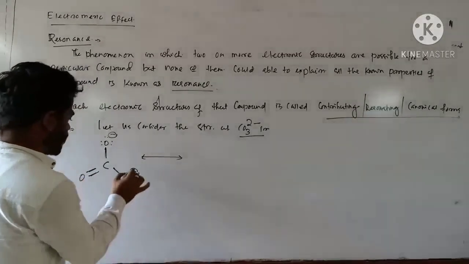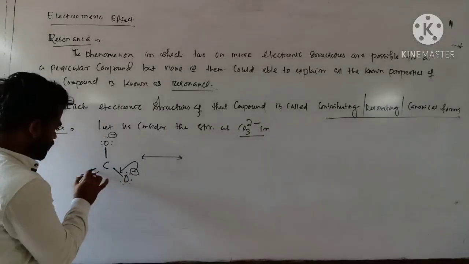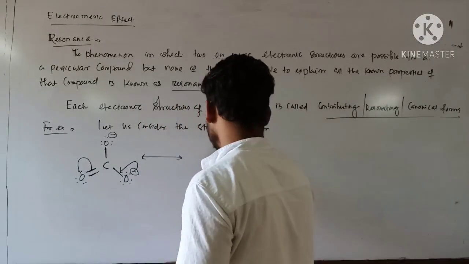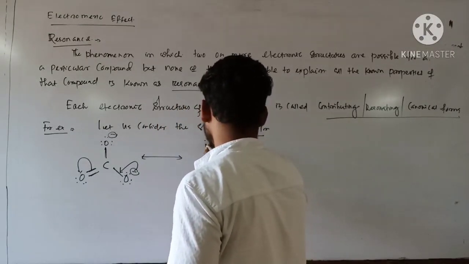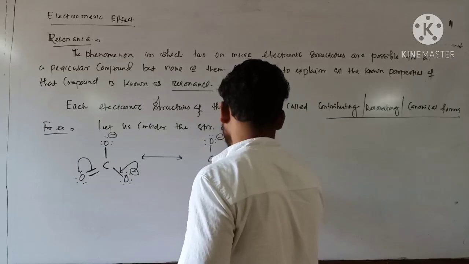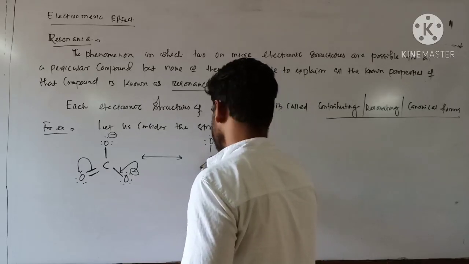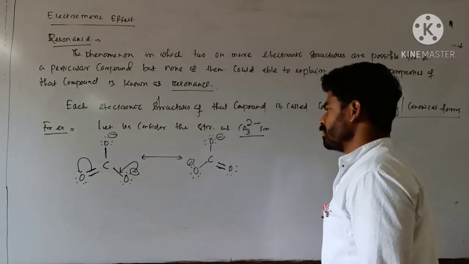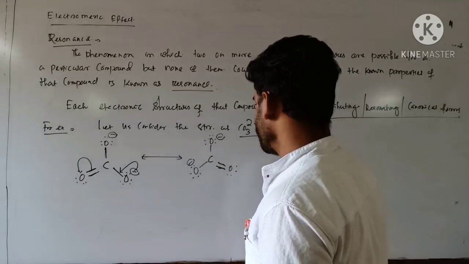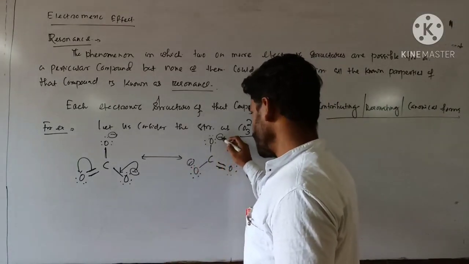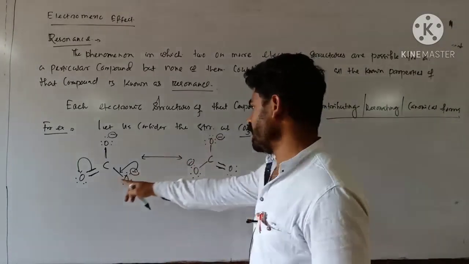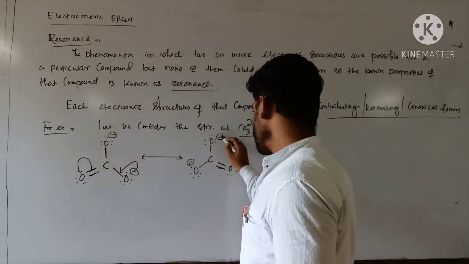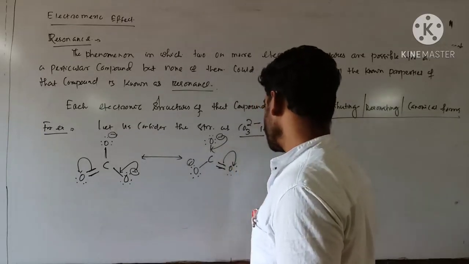You see how many structures you are getting. If this negative charge comes here, then this pi bond comes here. Clear? So the next structure can be written as C, oxygen minus, double bond O, and now the negative charge is between these two. Next, if this negative charge comes here, then the pi bond goes like that.